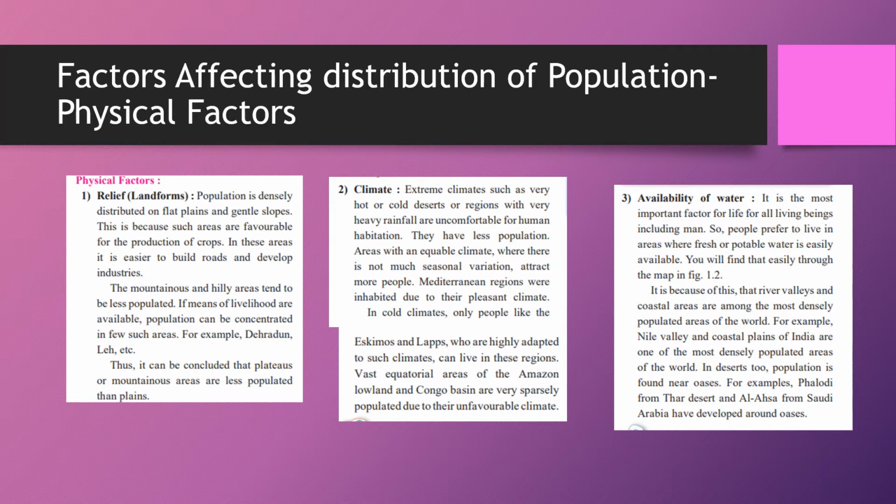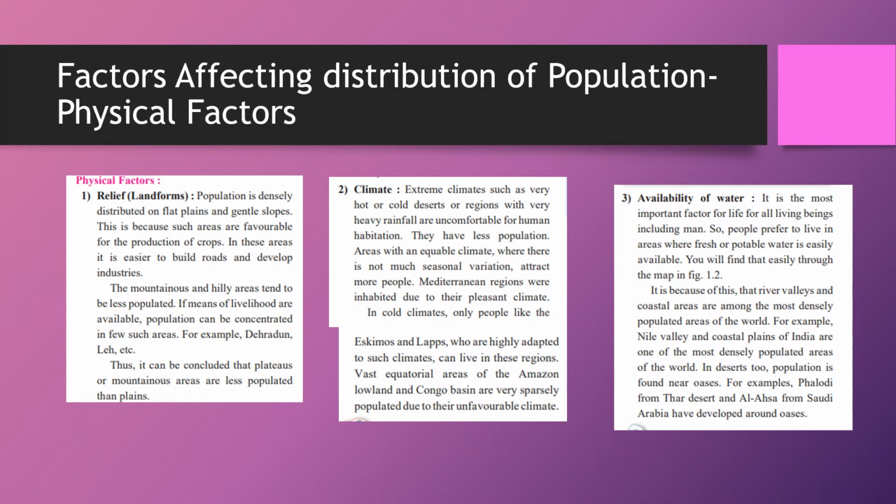Next is climate. Extreme climates such as hot or cold deserts or regions with heavy rainfall are uncomfortable for human habitation. Therefore, they are less populated. So whenever the environment has an equable climate, where there is not much seasonal variation, it will definitely attract more people.